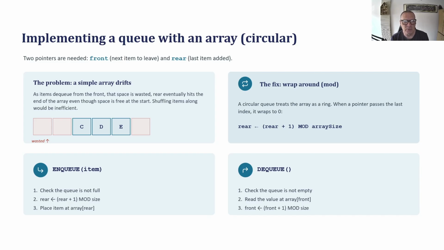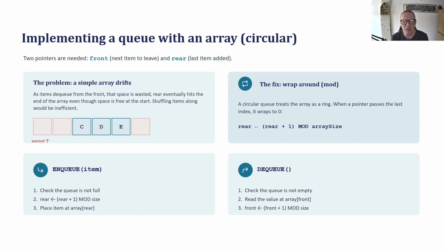So if in this case we have 6 items in there, and we're already at the last one, let's say it's a 1 indexed array in this case. So it's 1, 2, 3, 4, 5, 6. The index value for the last one is 6. If we were to try and increment that by 1 to put a new one in, we'd get 7.